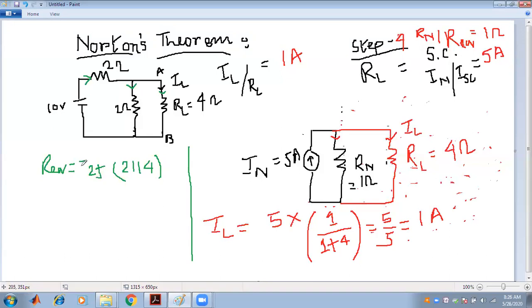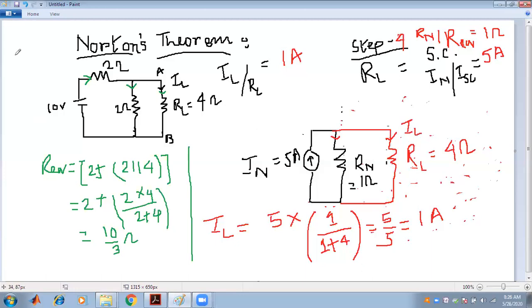So the total resistance will be 2 plus (2 into 4) divided by (2 plus 4), that is 6. The R equivalent value after calculating will be 10 by 3 ohm.